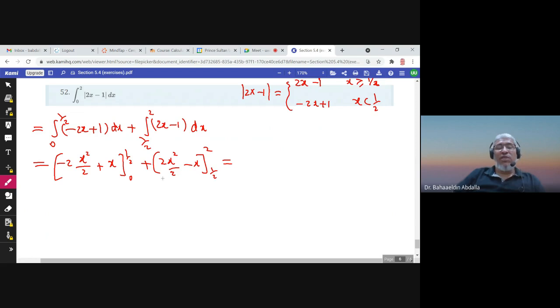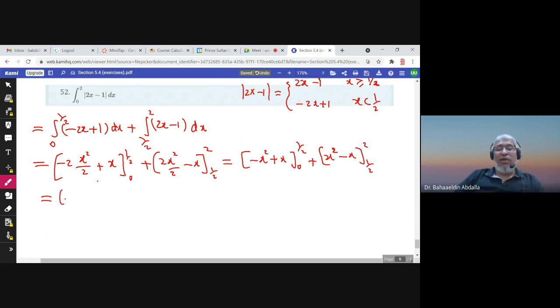I will solve it this time as follows. 2 divided by 2, it would be negative x squared plus x from 0 to half plus 2 over 2 is 1, so x squared minus x from half to 2. I will replace first x by half.